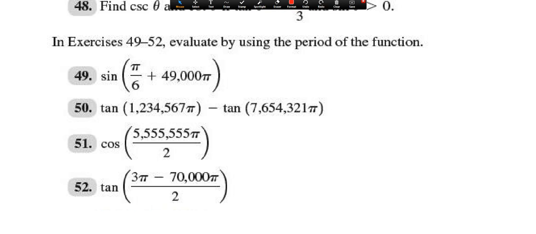So that one's not really going to be too bad, because they're whole numbers of pi's. So I'm either going to end up with some whole number of pi, and you basically have 0 minus 0.